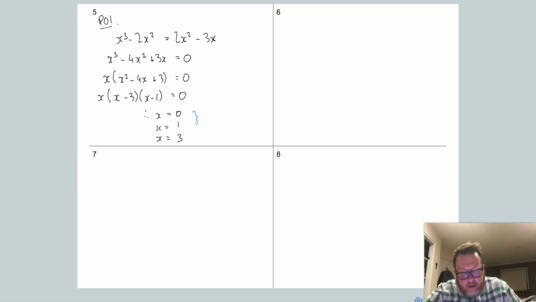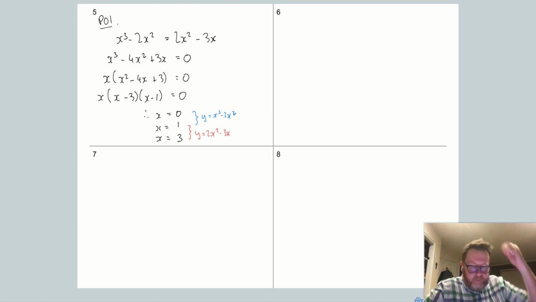So that means that this one is on top. It's just an aid to my memory more than anything else. And between 1 and 3, I've got the quadratic on top. And so that would be y equals 2x squared minus 3x. Okay, so that just keeps me honest, so I know what I'm doing. The graph on top is what is subtracted from. Okay, I think we're cooking with gas now.